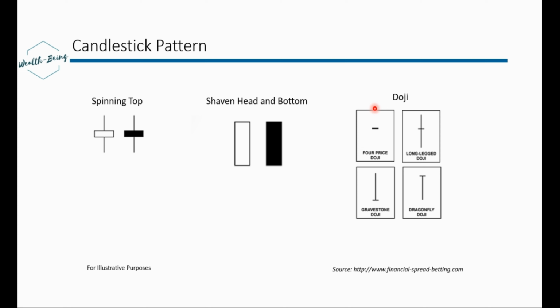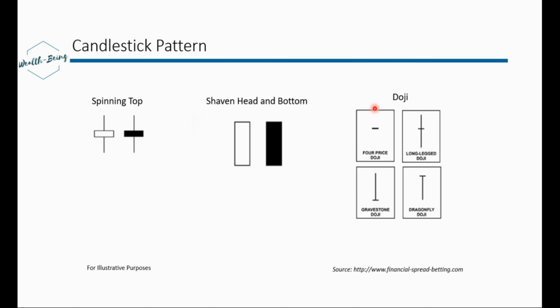It suggests indecision between buyers and sellers. Price may move above and below the opening price during the session, but close very near to the opening price at the end of the session. Hence, neither buyers nor sellers were able to control the session.